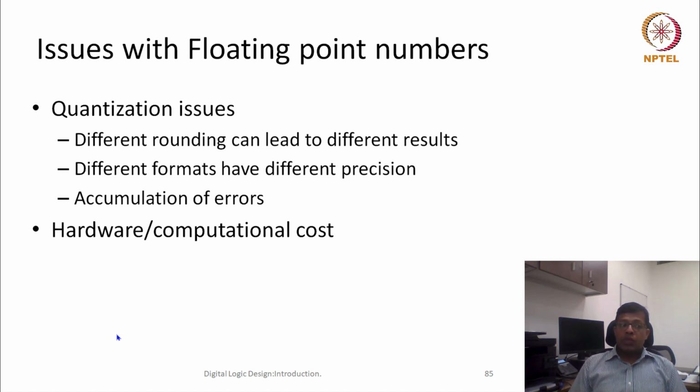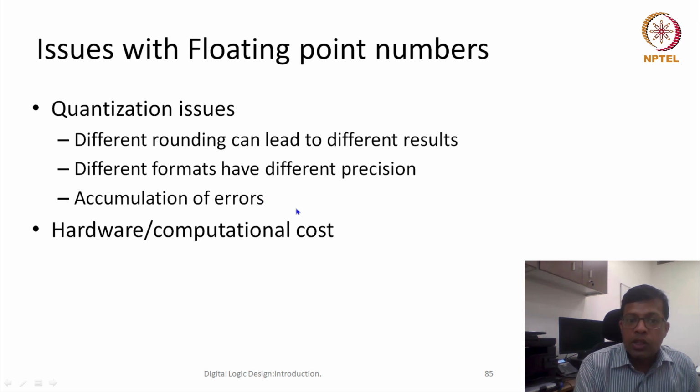That's why many times we prefer to use double precision numbers if the error should be very small. This is called quantization error, because we are trimming; we are saying that we cannot represent anything smaller than this number. So whenever we have quantization and accumulation happening, then instead of single precision we go for double precision, so that the amount of error can be reduced.